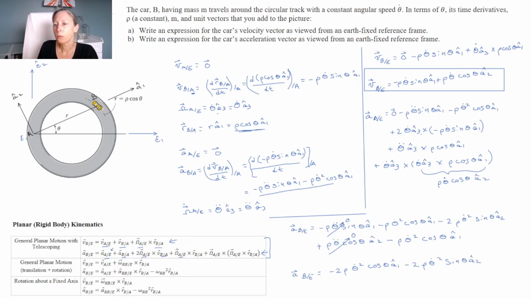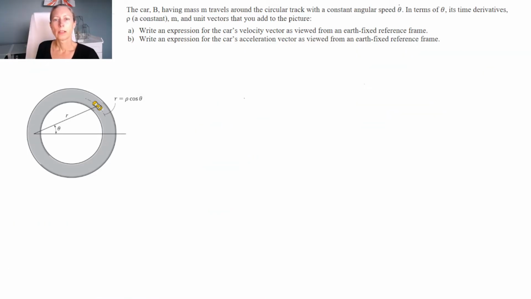And then if you were given additional values, if you were asked to find the acceleration or the velocity at a specific time or under specific conditions, you could just plug in values, and this should give you the right answer. Okay, and now I'm going to do this problem using only the Earth fixed reference frame.